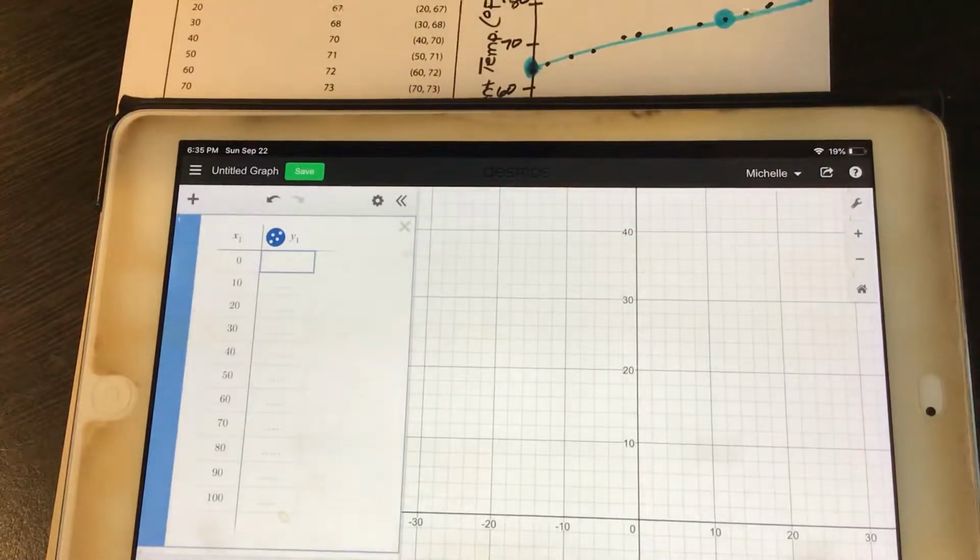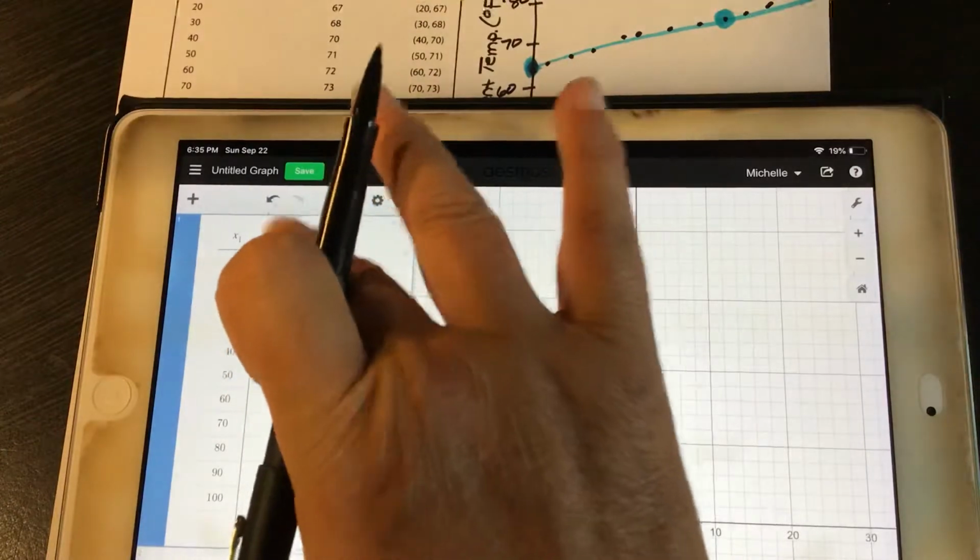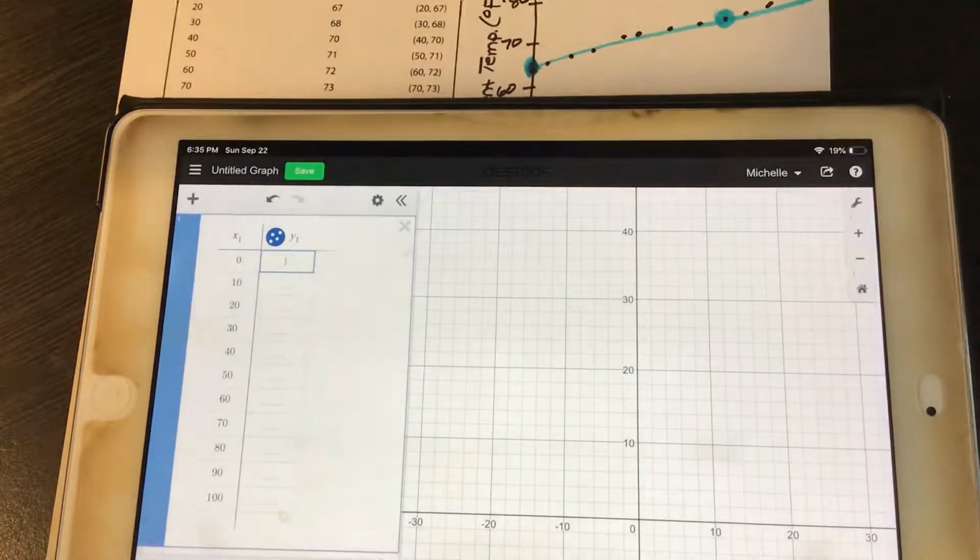And then I only need to type in the y values. I go back up and touch the cursor where I want to put my y values. The first one is 64, and then touch the blue arrow key, which gives me enter.